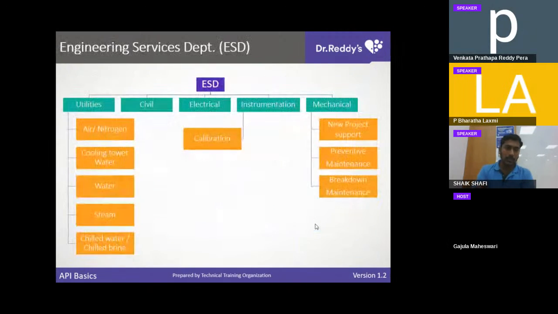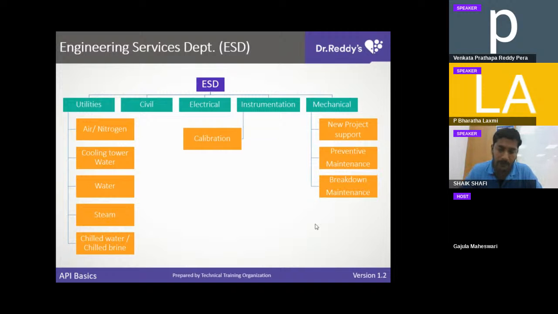Coming to ESD, engineering services department. One side function is utilities. We are using different types of utilities in the process: air, nitrogen, and cooling water. Cooling water we use to control the reaction temperatures.